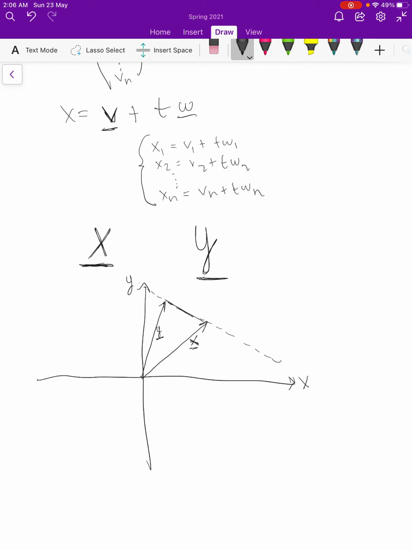So what is this? Well, this is essentially how we would compute the direction, right? This is our direction vector. This is our w from the other examples. How do we calculate that? Well, that's pretty simple.